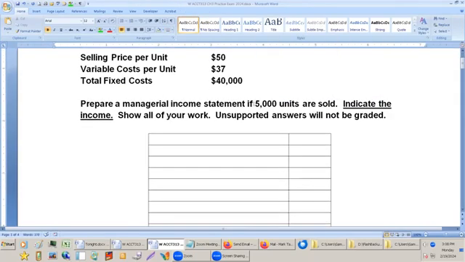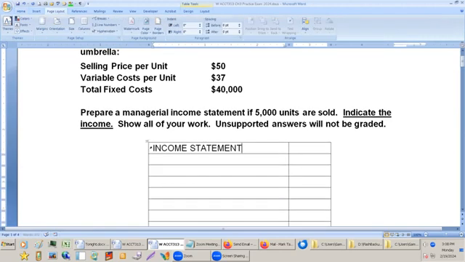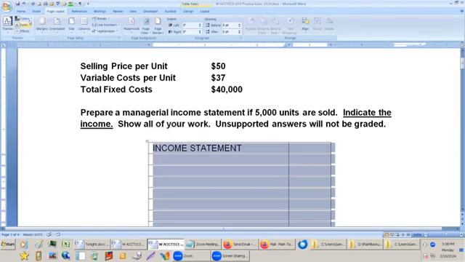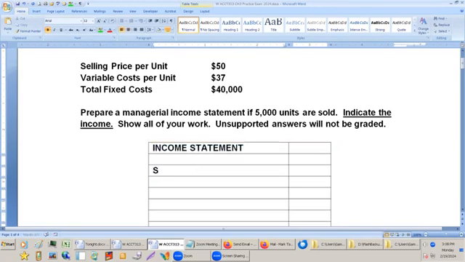They're telling us how many units were sold. So we're going to do our income statement. I'm going to go ahead and pull the whole thing so we can see it. Okay, income statement. We have our sales, money coming in. We are selling these for $50 each. And we know how many units there are.